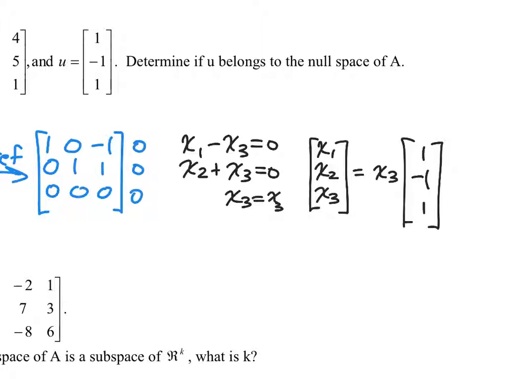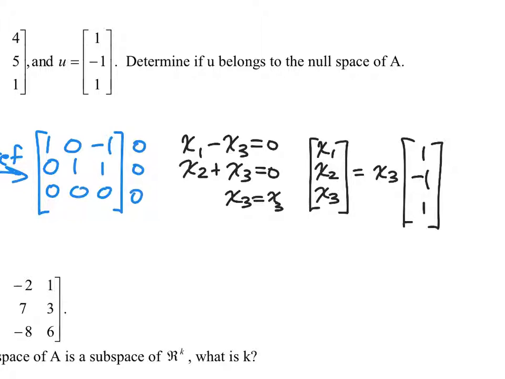All right, and so now at this point it should just pop off the screen at you. We're asked to determine if u belongs to the null space of A, right? So this is the solution to the homogeneous system. Any scalar multiple of the base vector (1, -1, 1), because (1, -1, 1) forms the basis of the solution, is going to be representative of that null space.